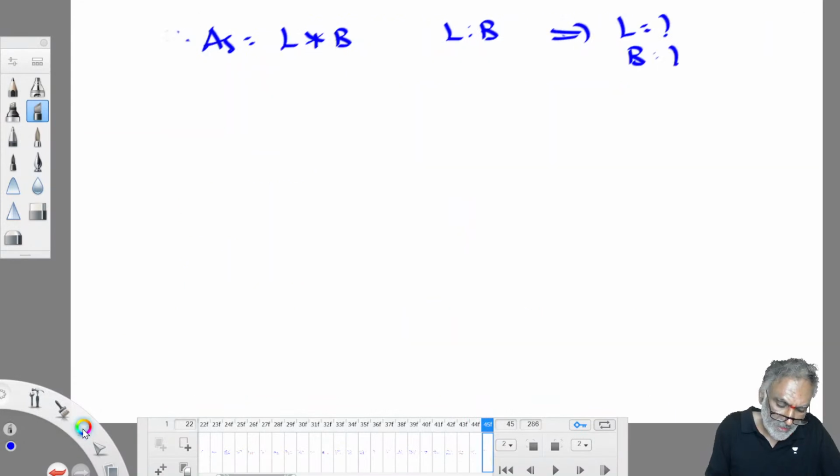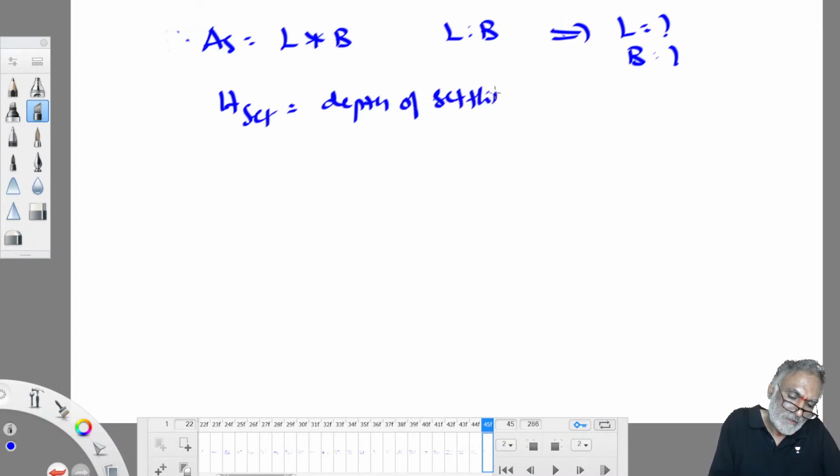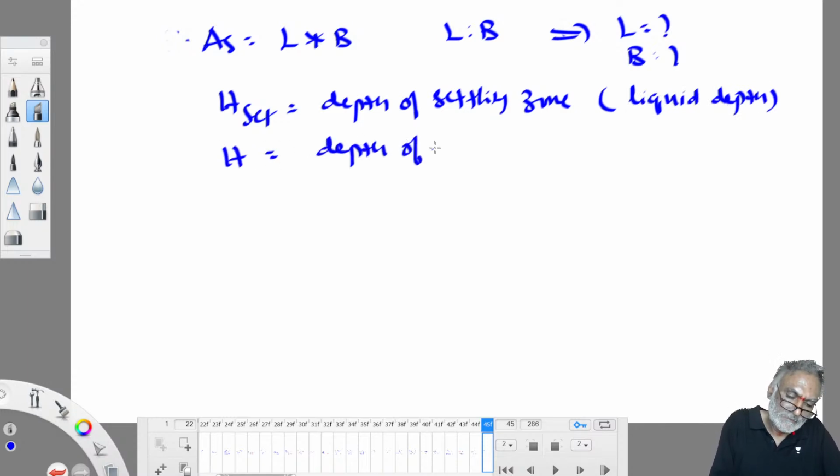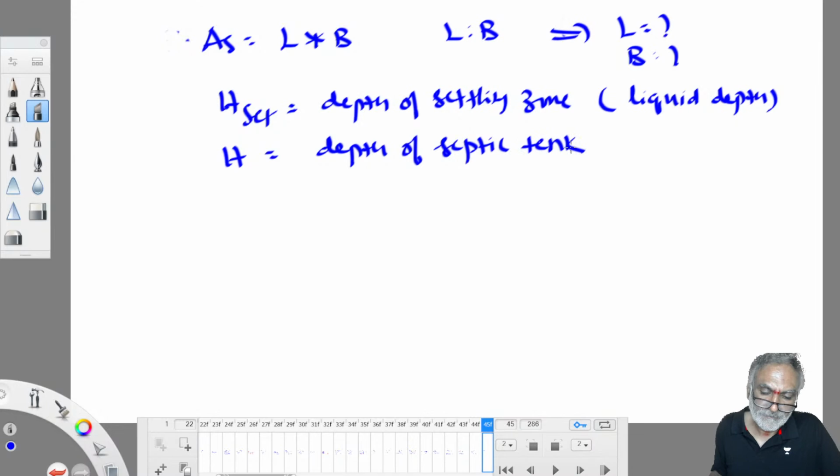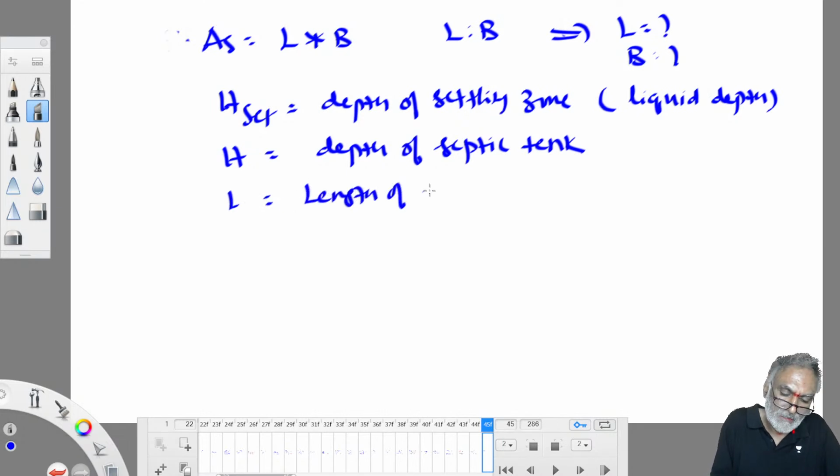So this H settling is nothing but the depth of settling zone, also called liquid depth, and capital H is the depth of the septic tank. L and B are length and width of the septic tank. This is a rectangular septic tank. L is length of the septic tank and B is width of the septic tank.